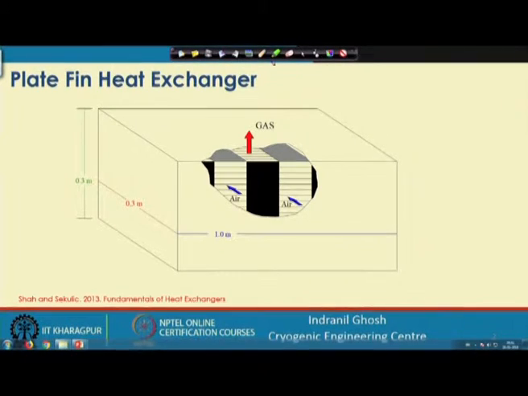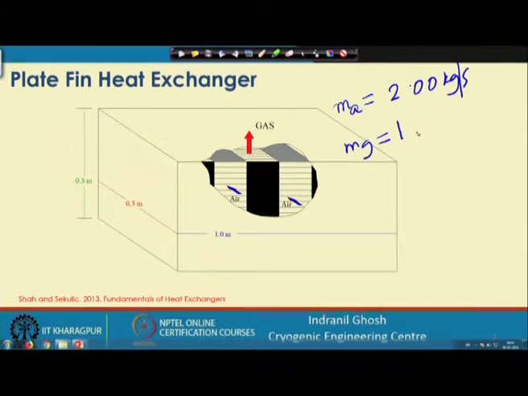Until the last class we have tried to estimate the heat transfer surface area, and also we have evaluated the mass flow rate corresponding to the air side and the gas side. So now we find that we have estimated the mass flow rate of air, which is equal to 2.0 kg per second, and the corresponding value for the gas side was 1.66 kg per second.